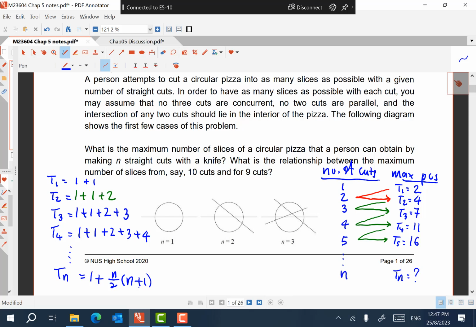However, we can also look at this same problem by establishing firstly a recurrence relation. What is the recurrence relation? We can see here that the Tn is always equal to the earlier one plus something. So now the question is, can we do this same question the way we did earlier?